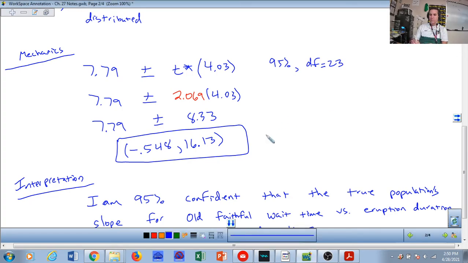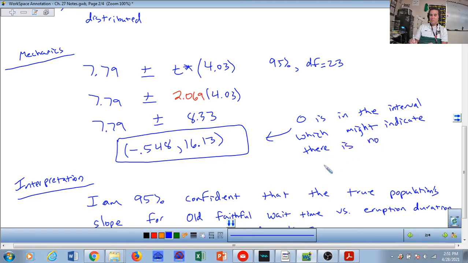Okay, so that's what that's going to lead you into the test, the hypothesis test. So 0 is in the interval, which might indicate there's no relationship. All that work, and there might not be a true relationship. So that's a little weird.